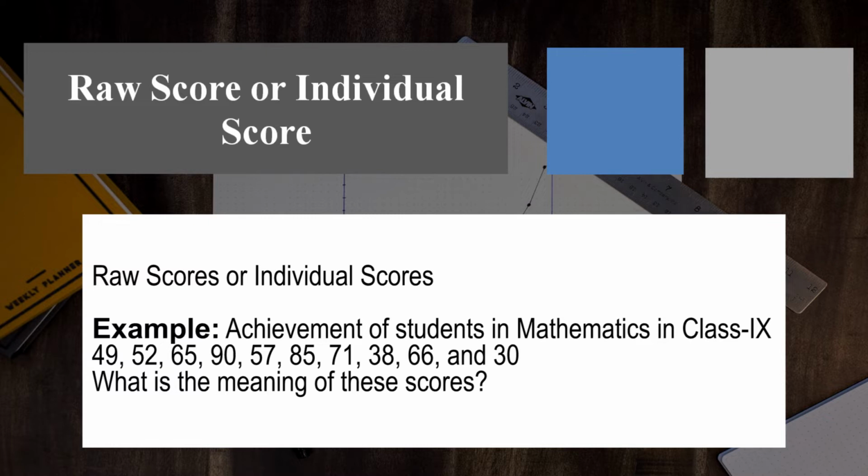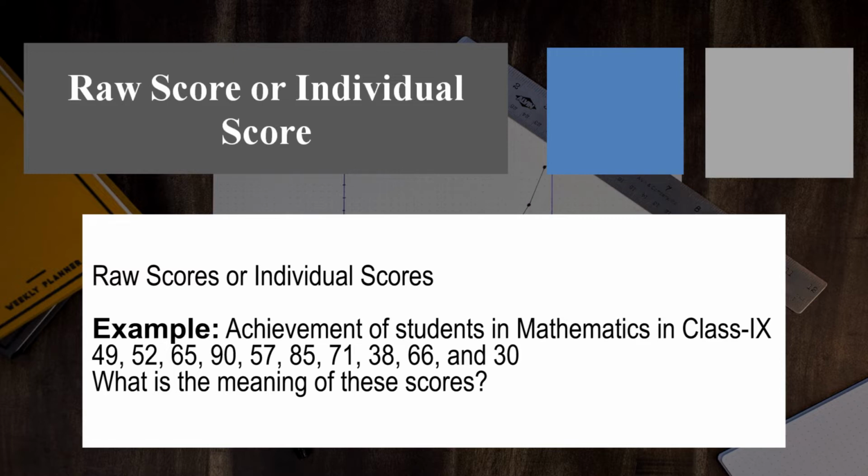And if I ask you a question, what is the meaning of these scores? How can you define these scores? Because here you are not going to use any statistics, or you are not able to analyze, because only raw score is given. Simply you can say that 49 is an individual score.